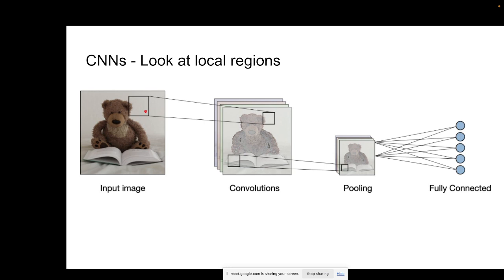What we basically do is, we take this small patch, we learn the parameters, and the next neuron that we have is something like this. Okay, so it represents this small area of the image.